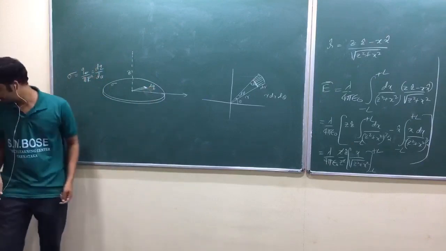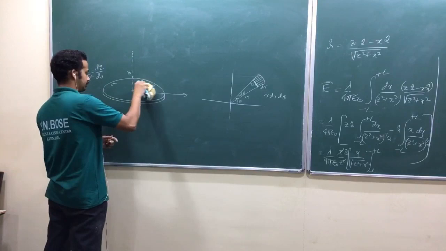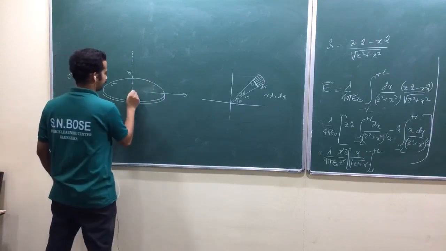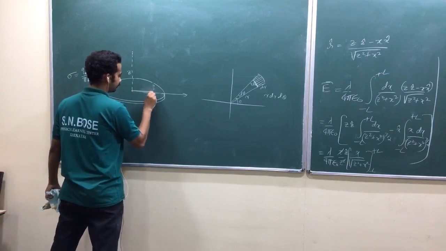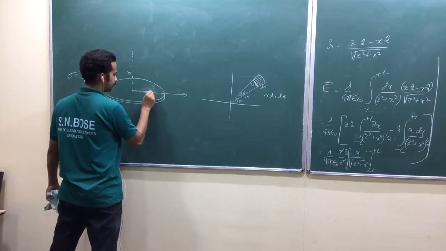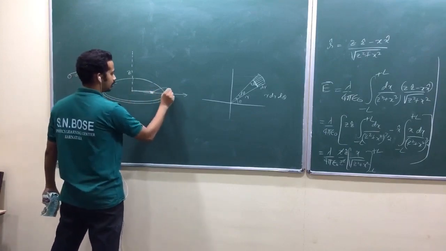Now I'd better take the elemental charge somewhere here because I can show the components very easily. This is my dA.